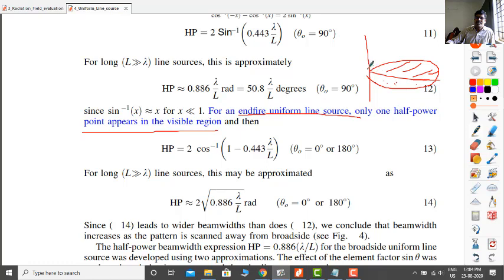Whereas in the end fire case, this will be the radiation pattern. Here, in the visible region, only one portion is visible. This is for end fire. This one is broadside.